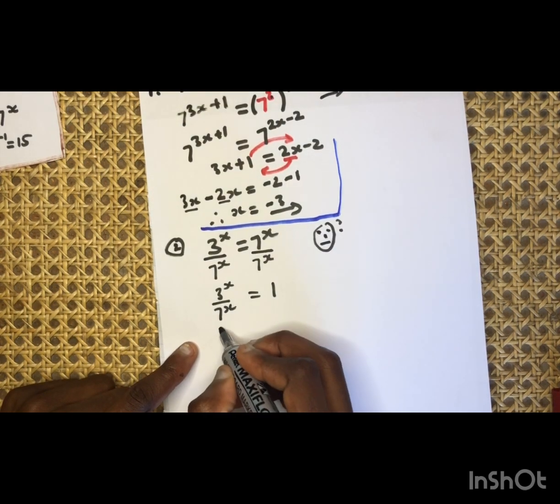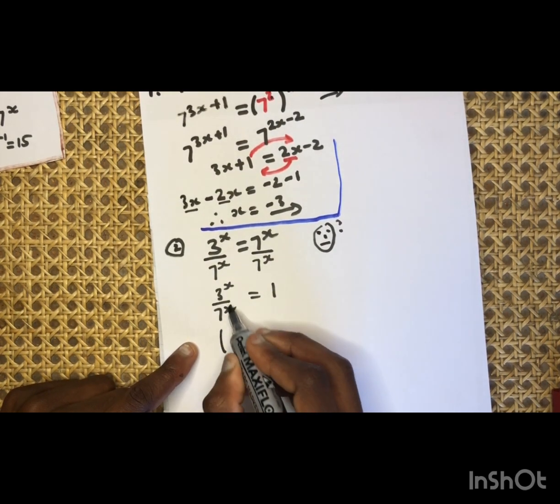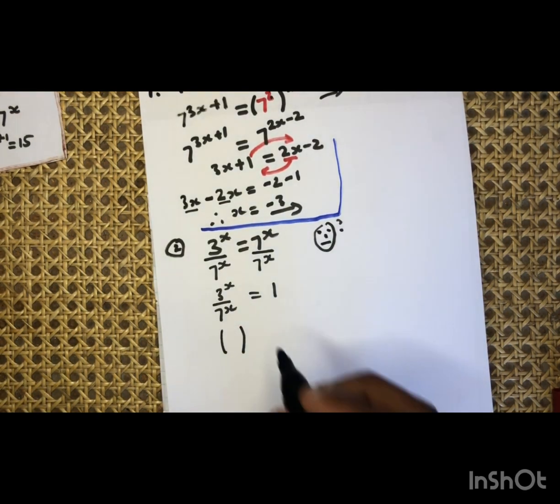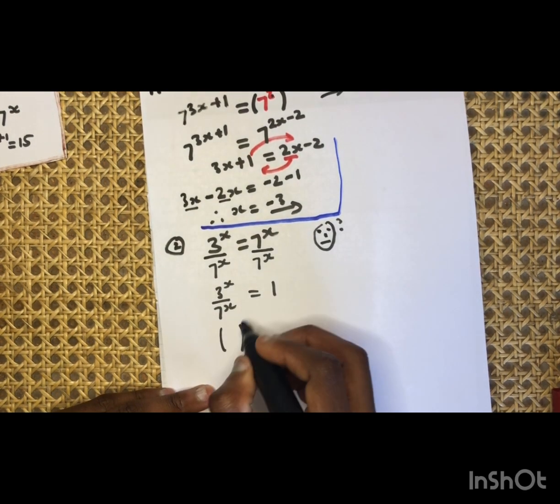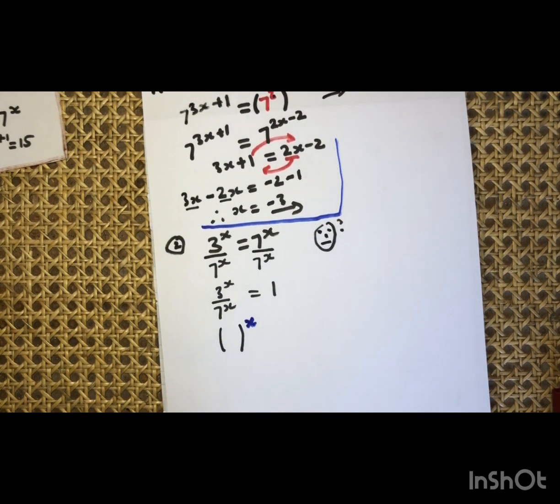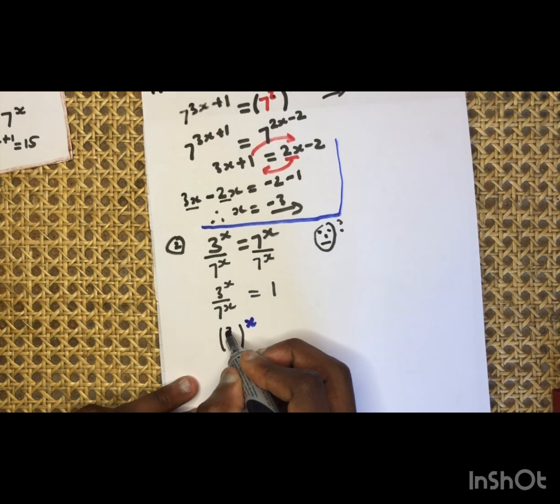Now we see here that the powers are the same. If the powers are the same, we can apply law number 4. Then I'm going to take out the exponent, which means inside I will have 3 over 7.